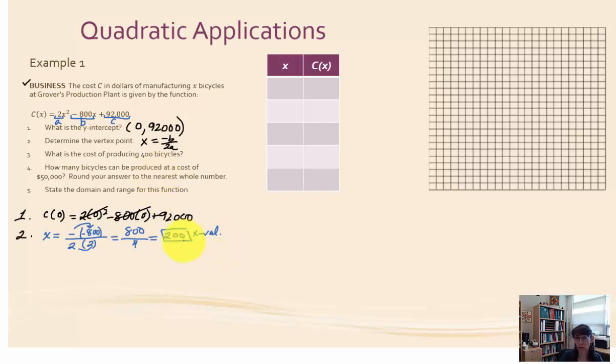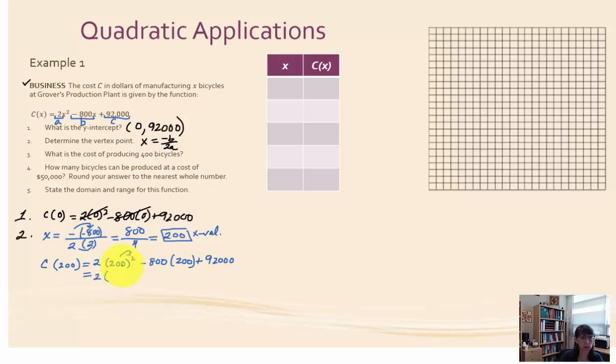So in order to find the corresponding output, I'm going to use 200 back in the function, and we'll evaluate our function with the x value of 200. So C of 200 would equal 2 times the quantity of 200 squared minus 800 times 200 plus 92,000. Following our order of operations, we need to do the squaring first.